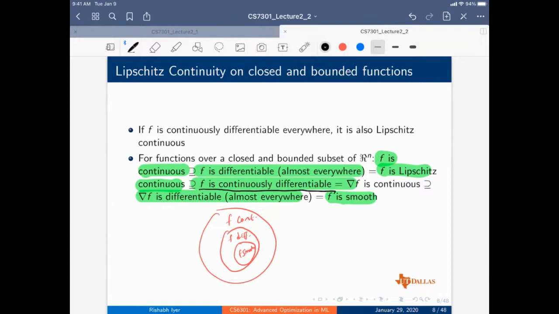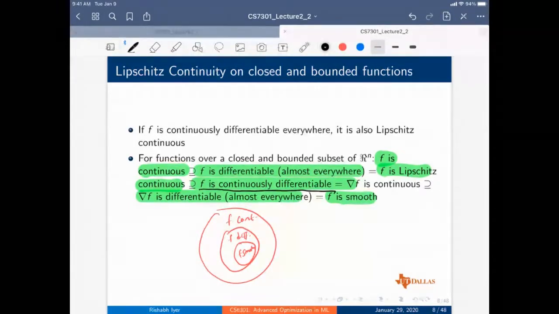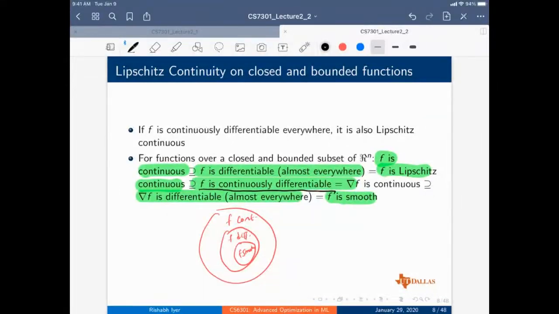So in some sense, the way to think about this is connecting the differentiability of f with notions of Lipschitz continuity and Lipschitz smoothness as well as continuity. So this connects continuity, differentiability, Lipschitz continuity, and smoothness. As you go to smaller and smaller sets, f being smooth is even smaller than the set where the gradient of f is continuous.